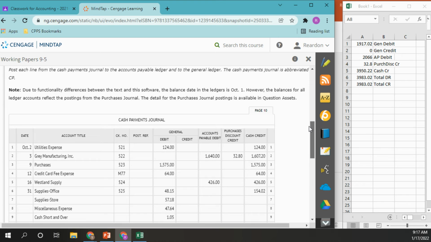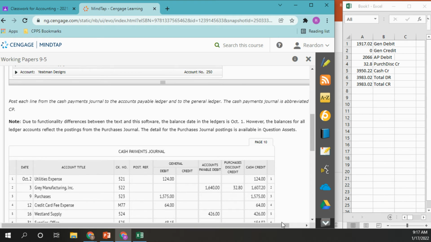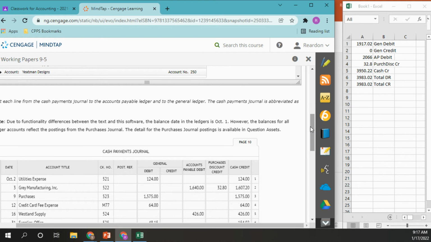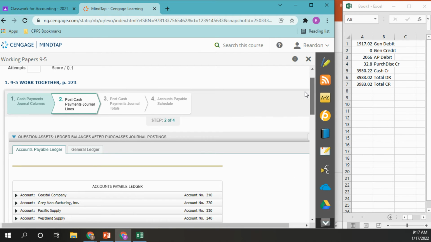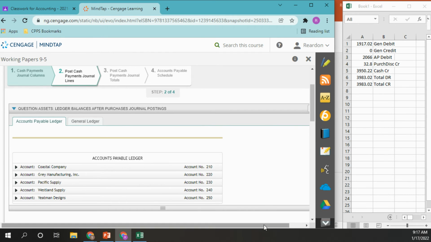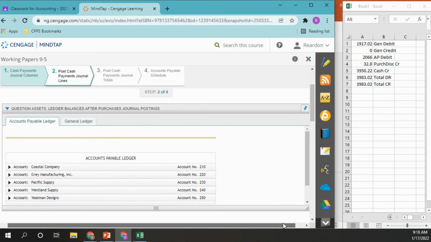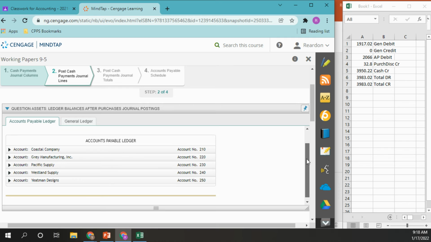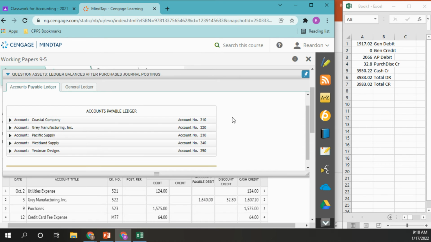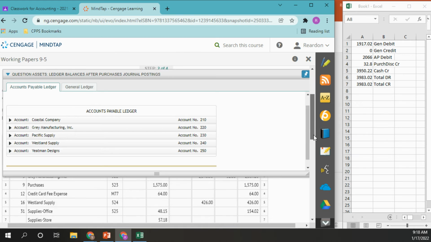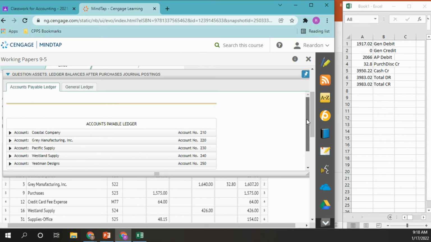I think I'm going to try to, can I pin this? It's not letting me pin it. Can I access that?